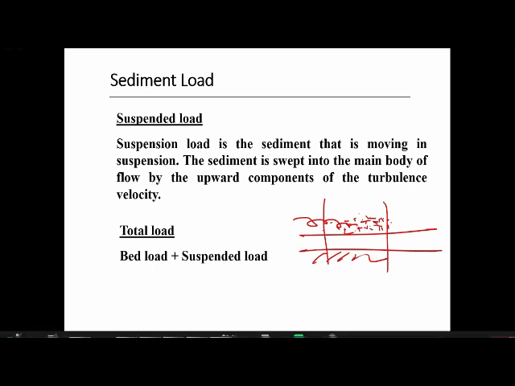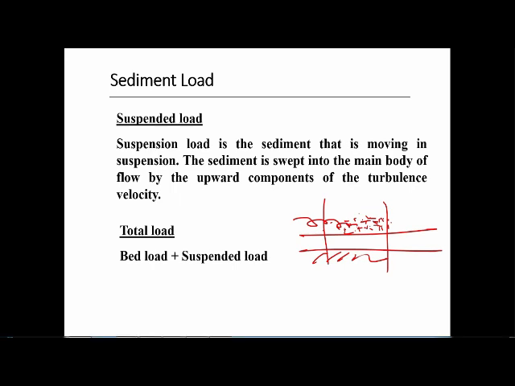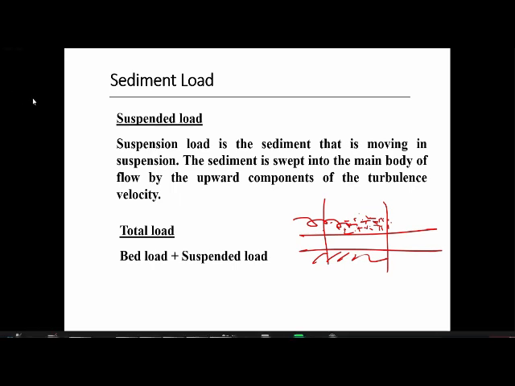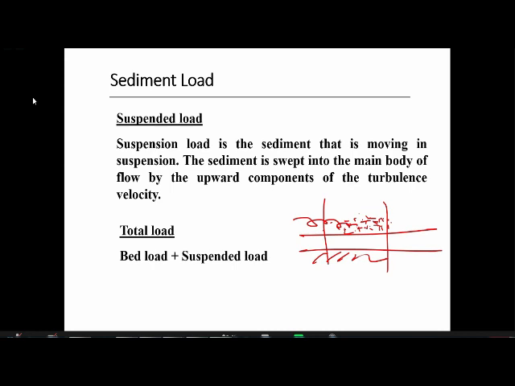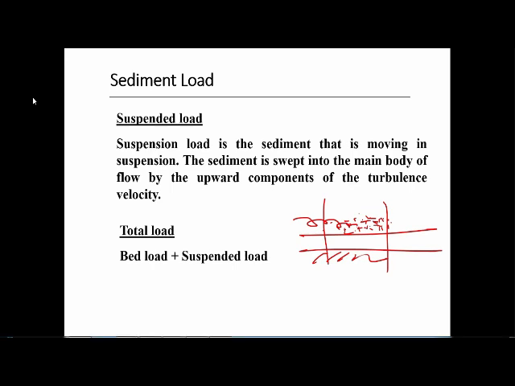Okay. So the total load is the combination of the bed load and the suspended load. If you have an equation to calculate the bed load, and an equation to calculate the suspended load, you add these two equations and you will get the total load of sediment in a river per unit meter width, for example.